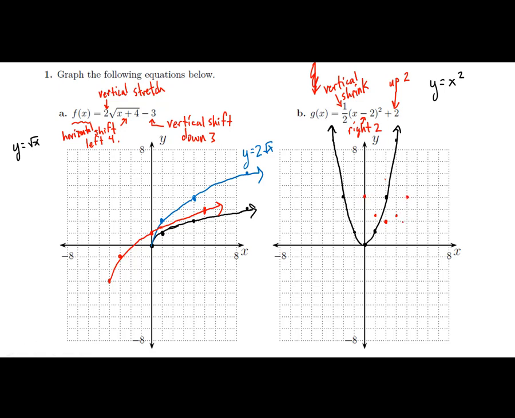And then normally I'd go over 3, up 9, but half of 9 is 4 1/2, so I'll go 1, 2, 3, 4 1/2 up. And so that gets me my transformed quadratic function.